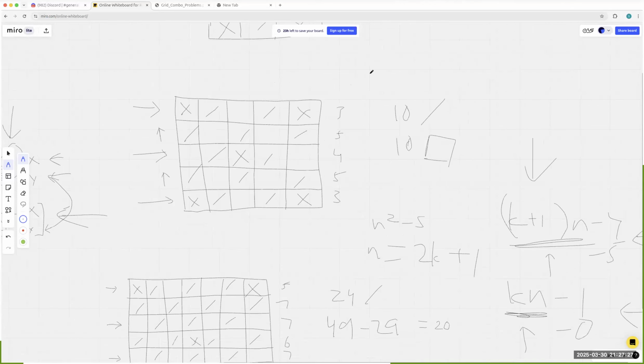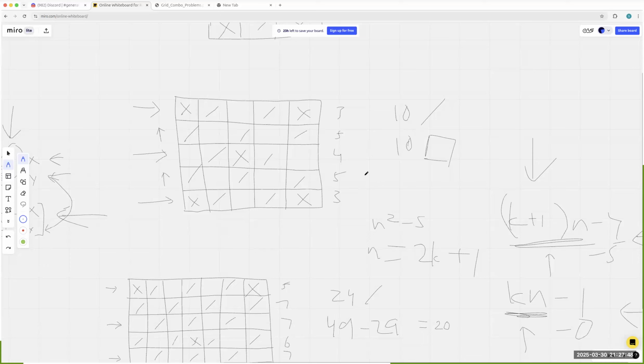And so that would mean that you have n squared. Well, we're going to go back to the n equals 2k plus 1 part. So that would be the odd rows, so that means that, let's see.